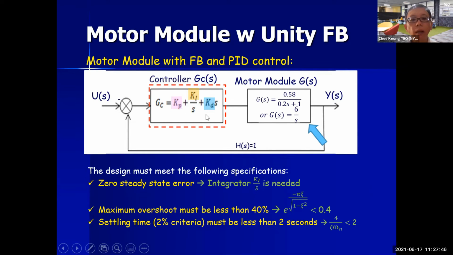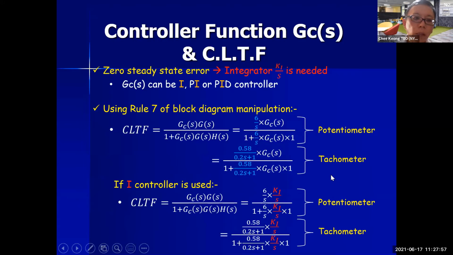Of course, the fewer components you pick, the simpler the whole design will be, but we have to make sure that it can satisfy all the criteria. Now let's quickly take a look. We know that steady state error requires an I controller, therefore Ki over S is needed, and therefore we can choose an I controller, PI controller, or PID controller.